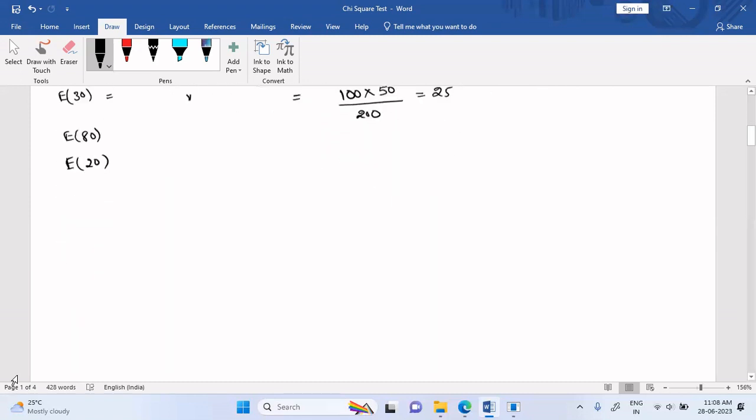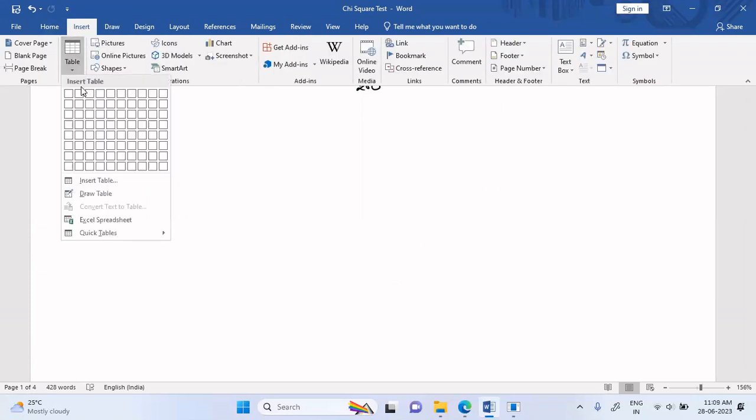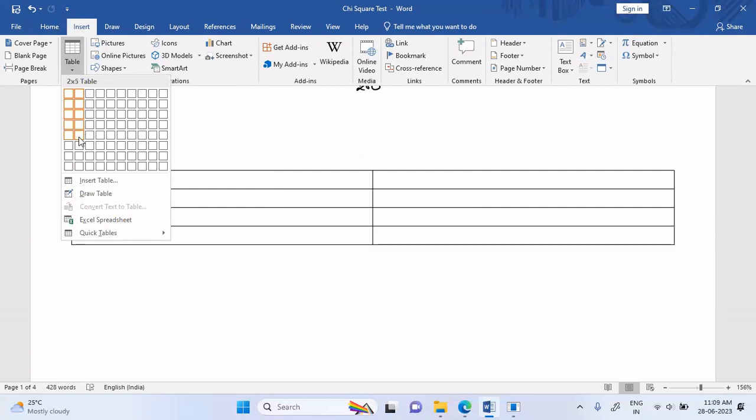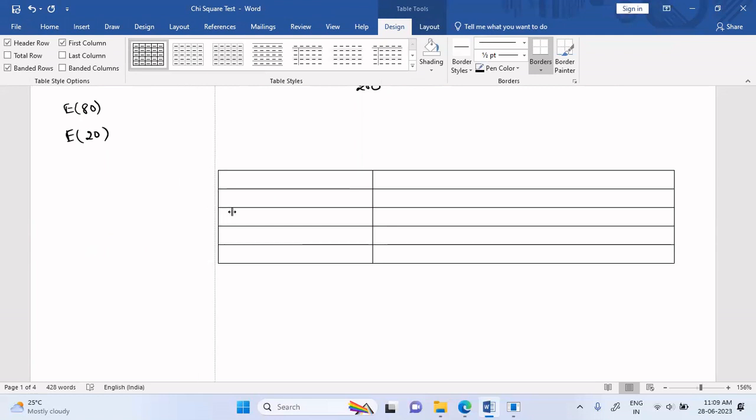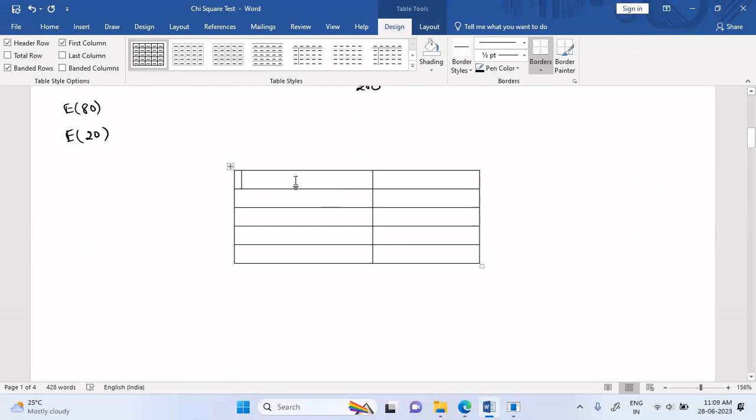So we need to make a table. The first column represents the observed frequency, and the second column represents the expected frequency.